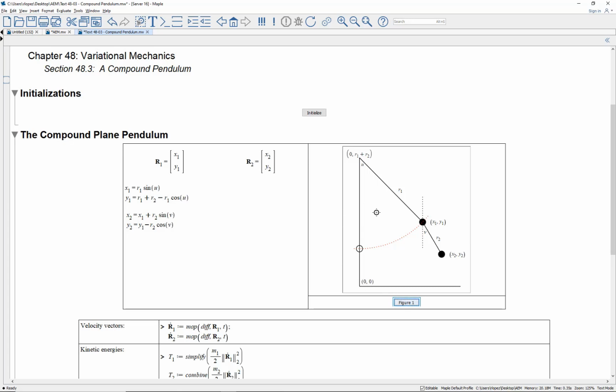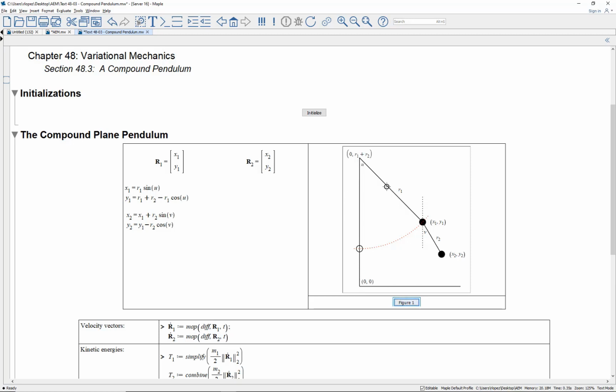So compound plane pendulum, two rods, two masses, two bobs. I have a fulcrum up here in a coordinate system with the origin at the bottom. When the pendulum is at equilibrium at rest, the second bob would be down here at the origin.